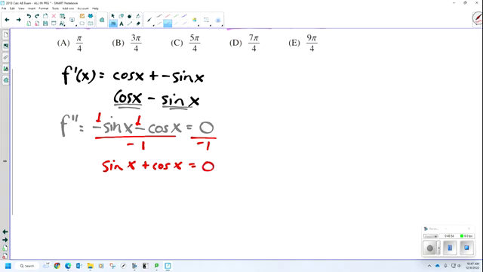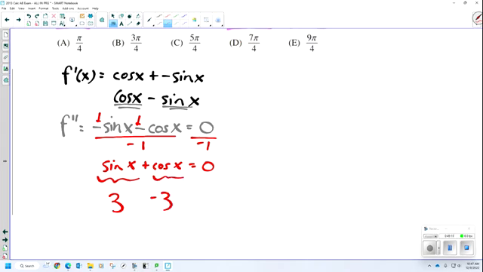Now, the only way this can happen is if the sine of x and the cosine of x are the same value with different signs. What do I mean? If this value was, I'm making this up now, 3, wouldn't this value also have to be 3 but negative? And vice versa.